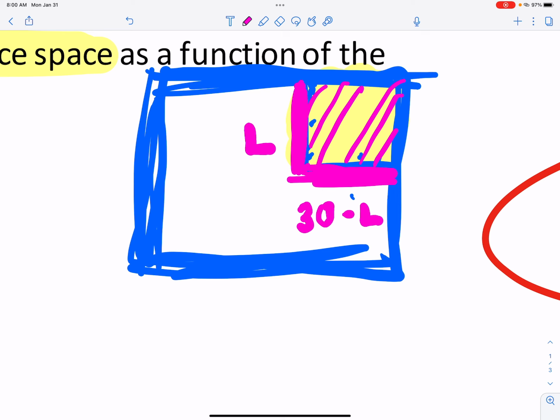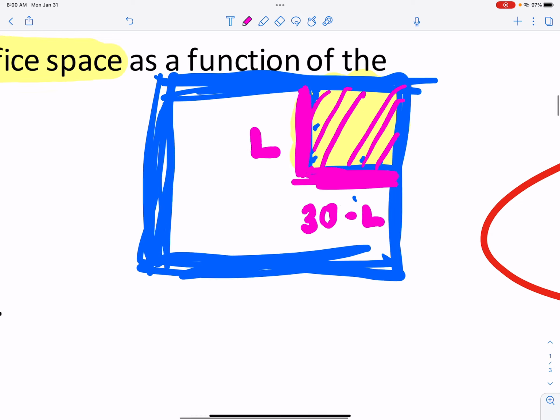So let's say I use 5 feet over here, then I would only be able to use 30 minus 5 feet. I would be able to use 25 feet over here. So instead of writing L and W, I can write L and 30 minus L because the 2 sides add up to 30.